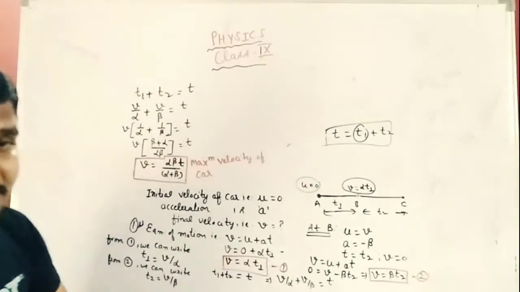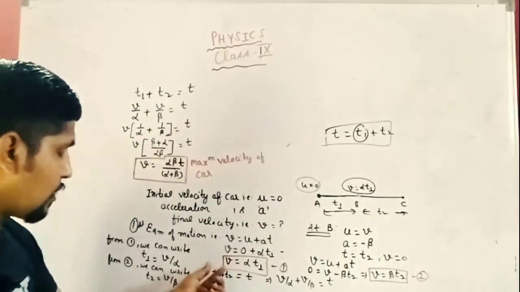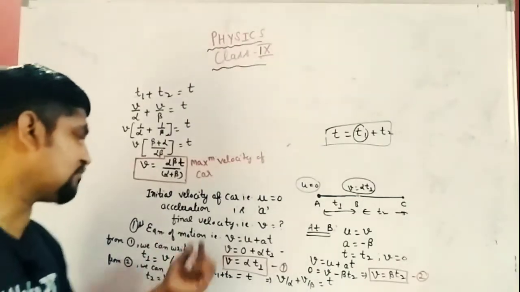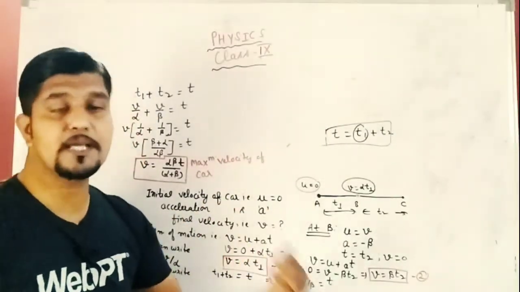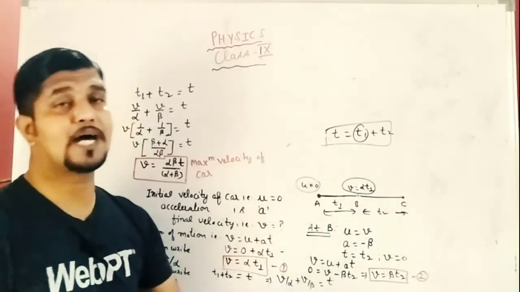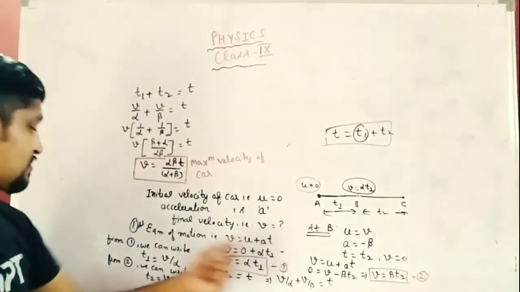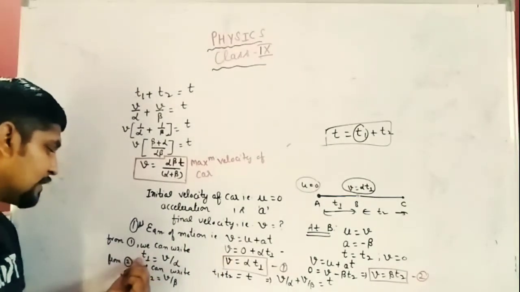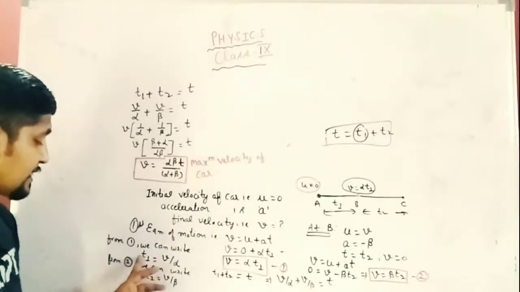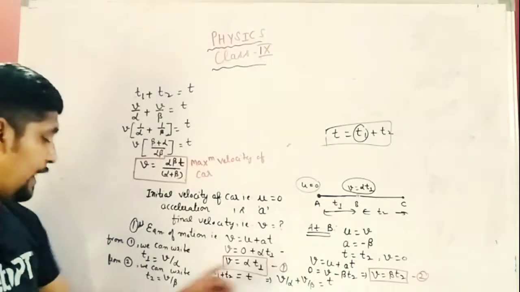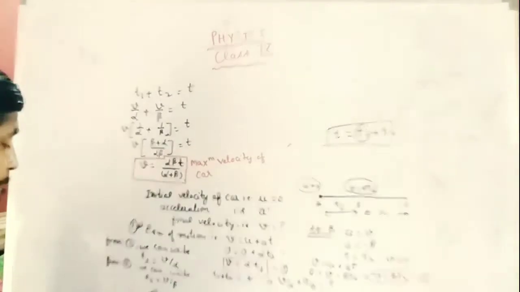It means we have the relation of velocity with alpha in the first portion, and similarly velocity with beta in the second portion. So from the first we have t1 is equal to v by alpha, and from the second equation, t2 is equal to v upon beta.